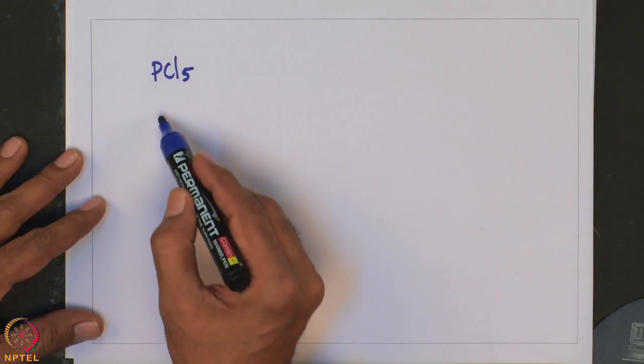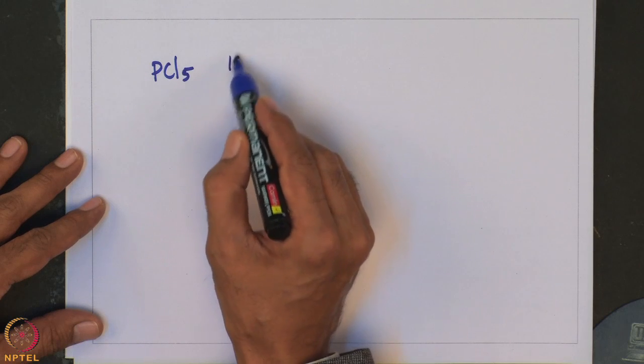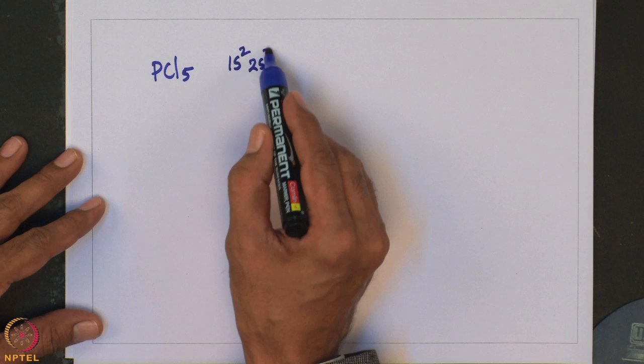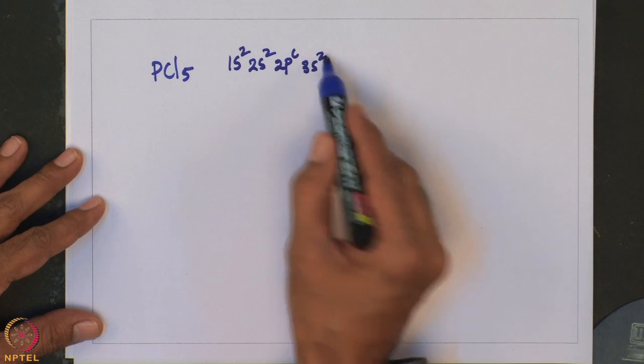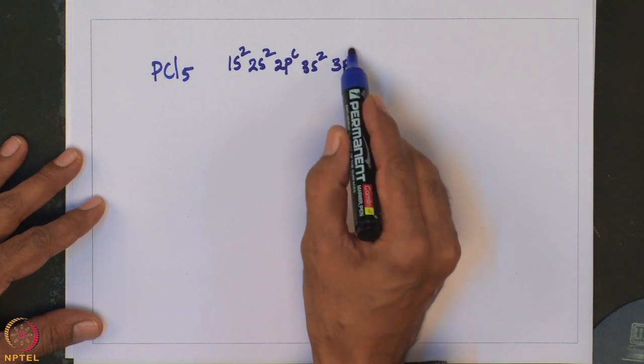So, let us look into it from valence bond theory. Of course, here we have to utilize the d orbital, and in case of phosphorus the electronic configuration is 1s2, 2s2, 2p6, 3s2 and 3p3.